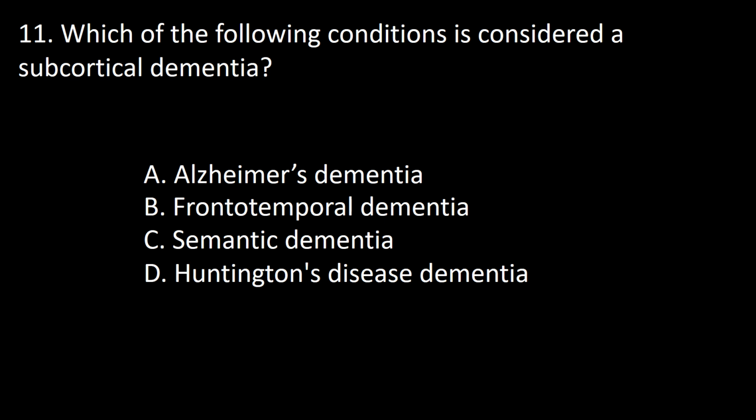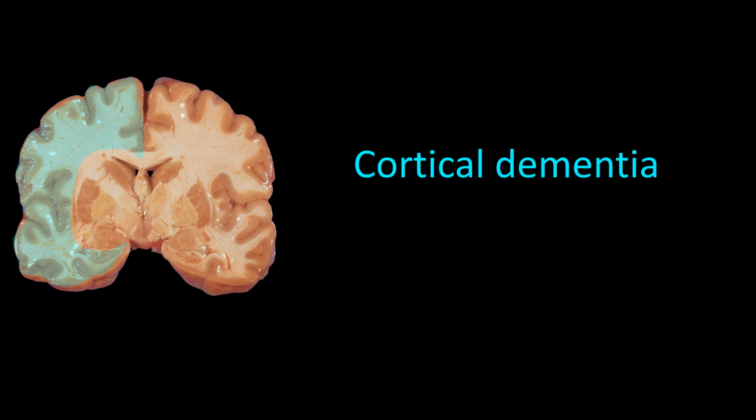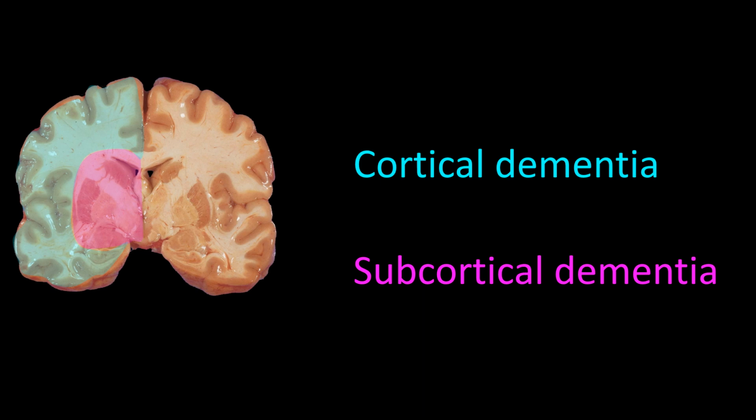Next question. Which of the following conditions is considered a subcortical dementia? A. Alzheimer's dementia. B. Frontotemporal dementia. C. Semantic dementia. D. Huntington disease dementia. Based on the region maximally involved, dementias are considered cortical or subcortical.